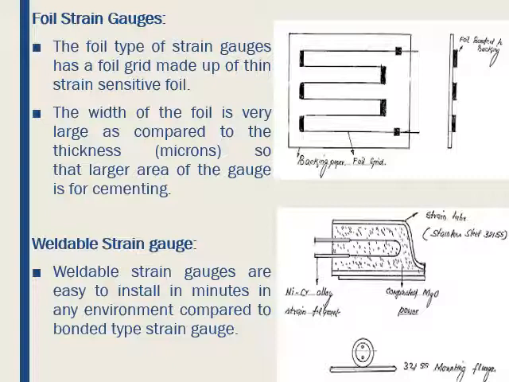Weldable strain gauges. These are easy to install in minutes and in any environment compared to bonded type strain gauges. The weldable strain gauge consists of a strain sensitive element, nickel chromium or platinum tungsten, housed within a small diameter steel tube.